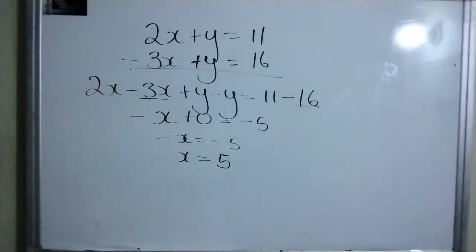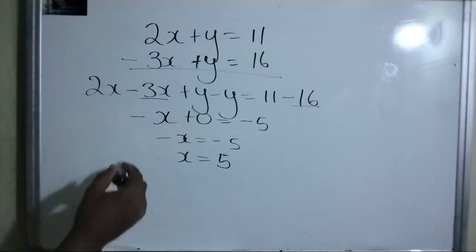Now we are not finished. After we find that x is equal to 5, what we need to do is substitute the value in any one of the equations. I'm going to use equation 1 again because the numbers are smaller and it's positive. So we're going to use 2x plus y equal 11.